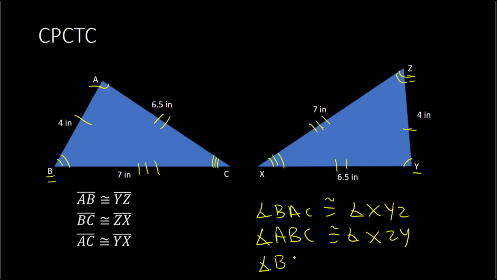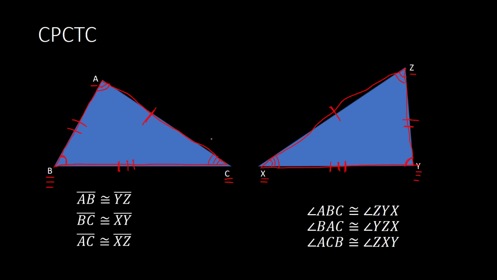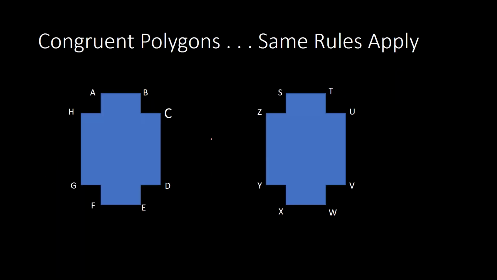So angle BCA is congruent to angle ZXY. So those are the corresponding angles, and those are going to be all congruent. The arcs show they are congruent.